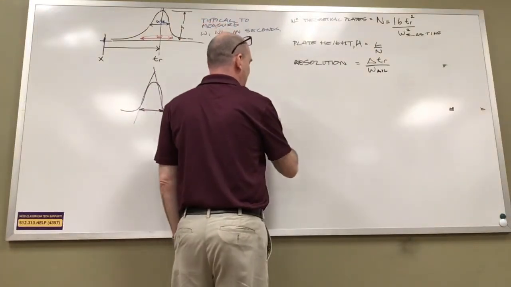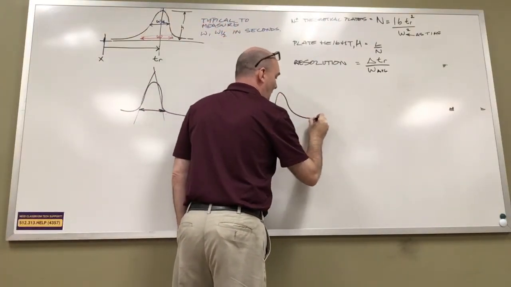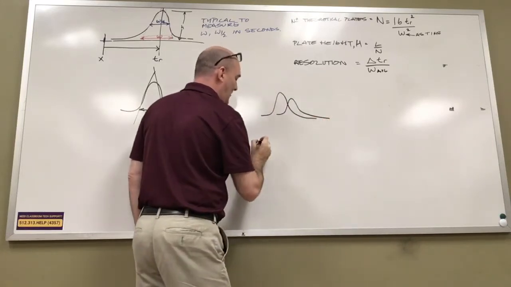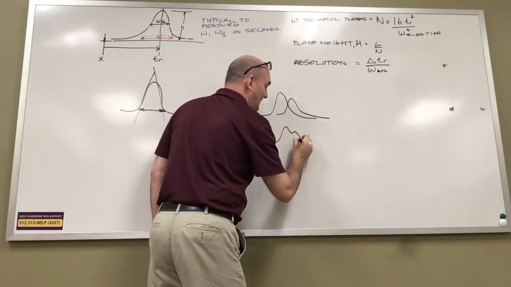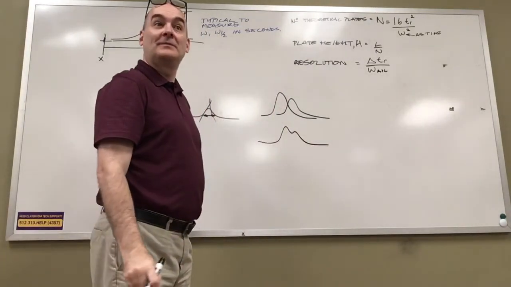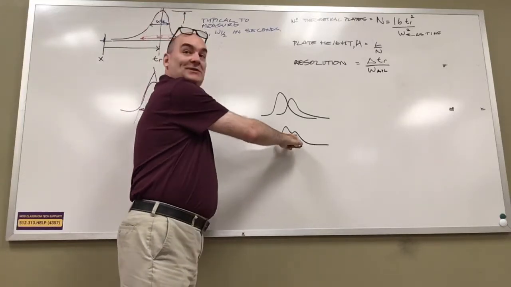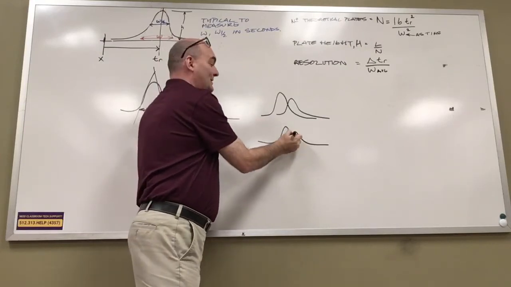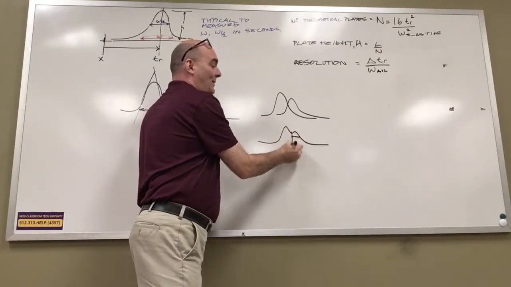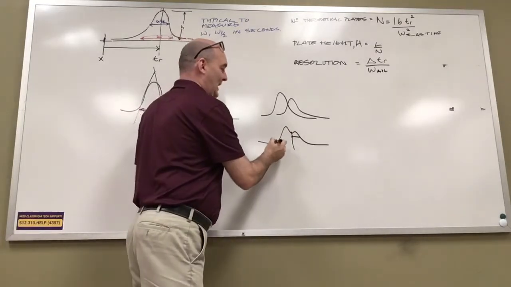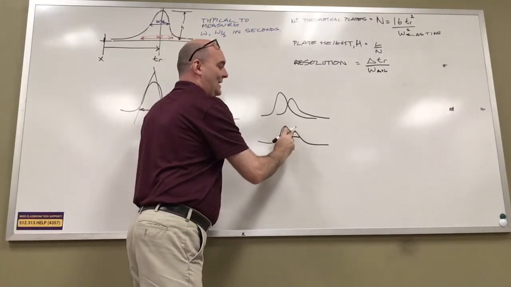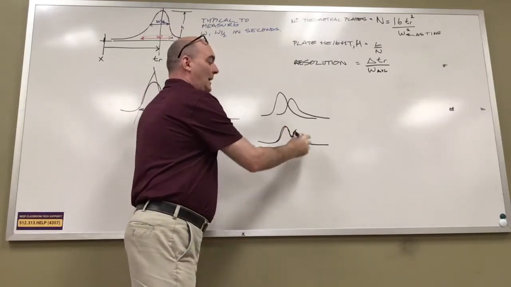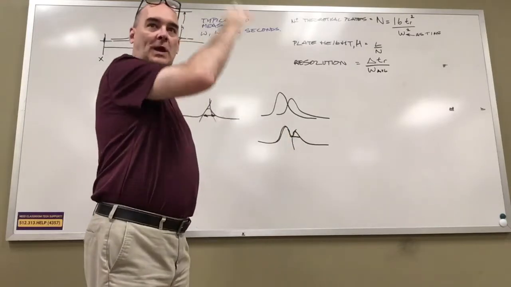And here's why. When that peak and this peak overlap, what you see is that. And my question is, how wide is this peak? We don't know, but we can say that it's this wide halfway up. I can say that it is that wide halfway up its height.